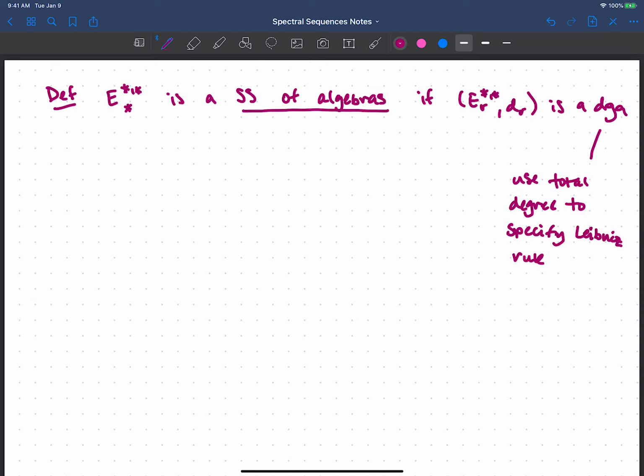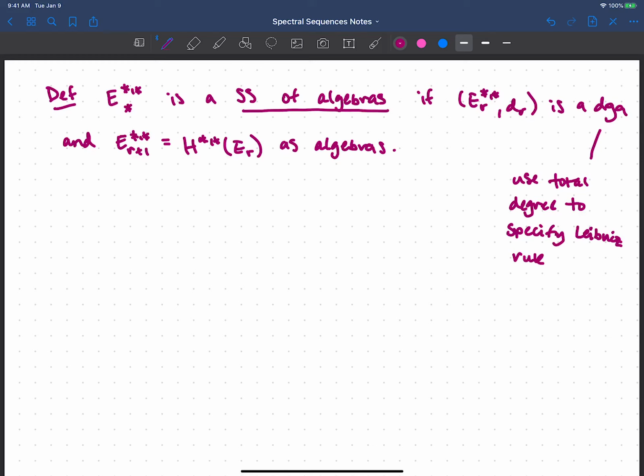Okay, so it's not just that you have an algebra on each page, but it's also that this whole structure respects the algebra structure. So when you go to the R plus first page, you've actually taken the homology of the rth page, and this should preserve that algebra structure.